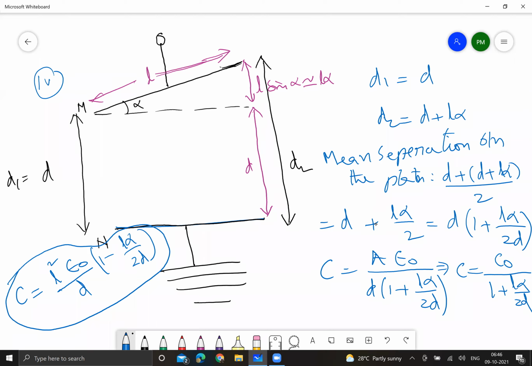This is the expression for capacitance when the two edges of the two plates are at different distances.